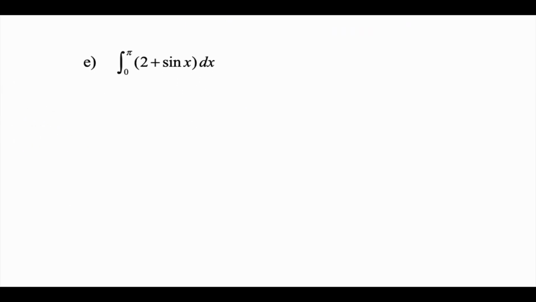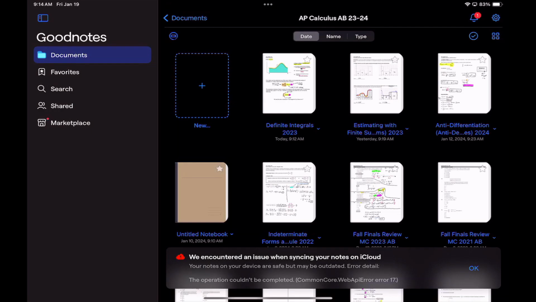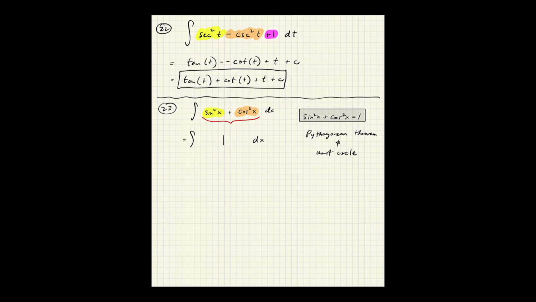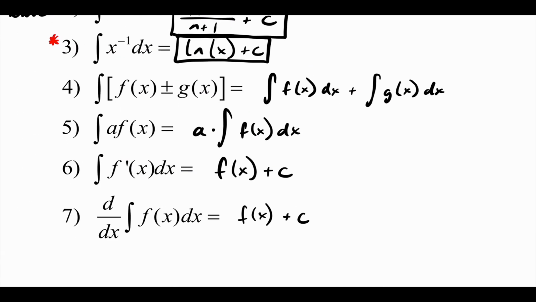How do we figure that out? This is how you do it. Actually, we have talked about this. When we talked about antiderivatives last week, one of the properties was this guy here.